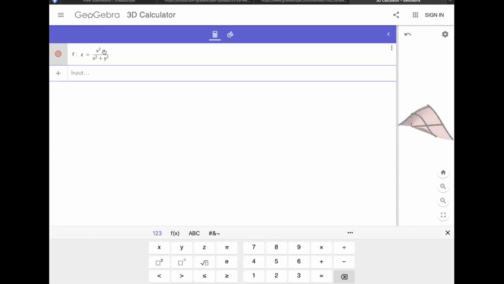So this example, the exact properties are listed in the notes. This example shows you that you can have all directional derivatives there. You can be continuous, but not differentiable. So somehow the directional derivatives don't control the function.